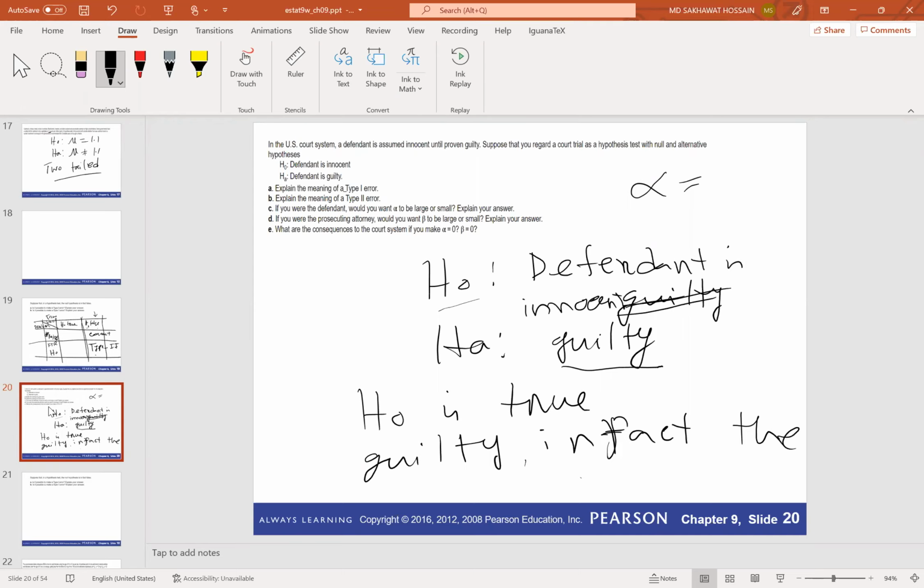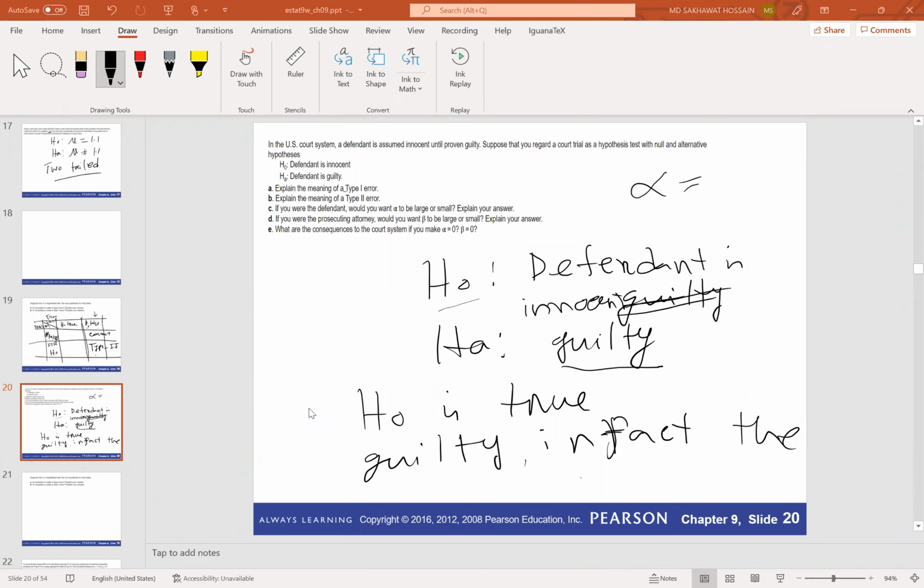So in part C, if you were the defendant, would you want alpha to be large or small? Okay, so if you are a defendant, do you want a large alpha or a small alpha? What do you think? Think about that.